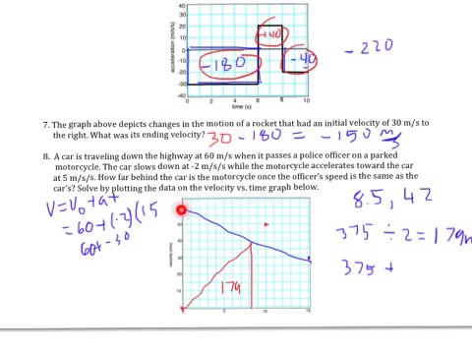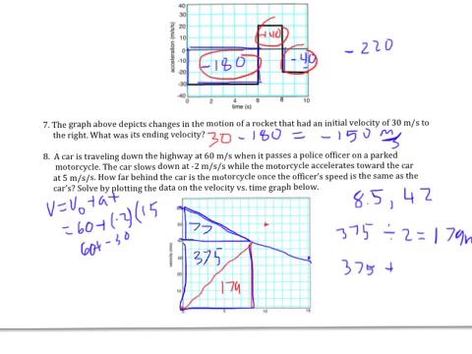This rectangle here has an area of 153, but I only want half of that rectangle, so I'm going to divide that by 2. That gives me, let's just call it 77. All right, so the area here is equal to 77 meters, and the area down below, this total area here, is 375.